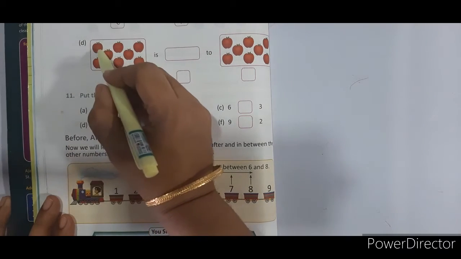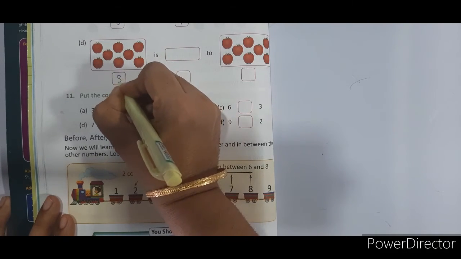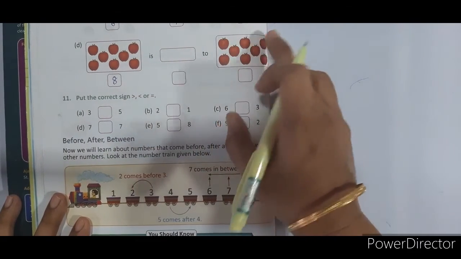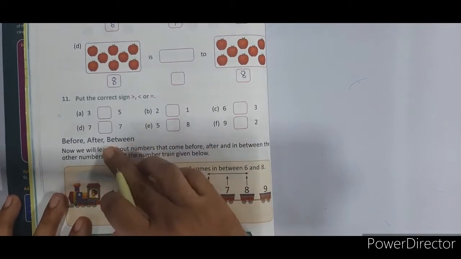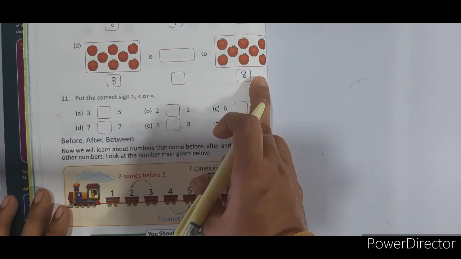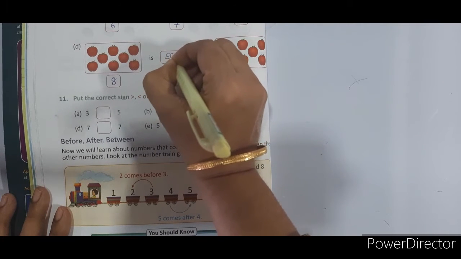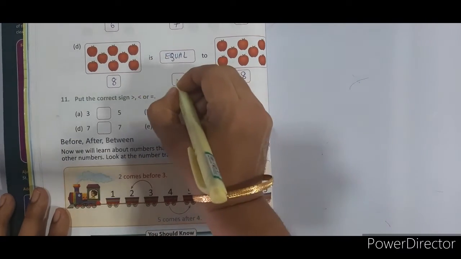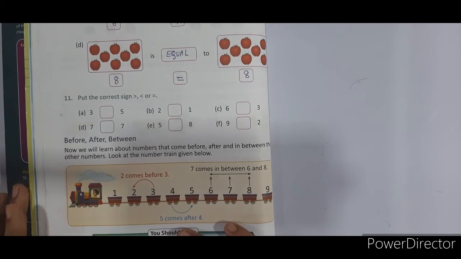So count again: 1, 2, 3, 4, 5, 6, 7, 8. 8 apples are there. And in this box 1, 2, 3, 4, 5, 6, 7, 8. 8 apples again. So you can see the left side box and the right side box both are having the same number of apples. So you have to write that 8 is equal to 8 and put the sign in the box below.